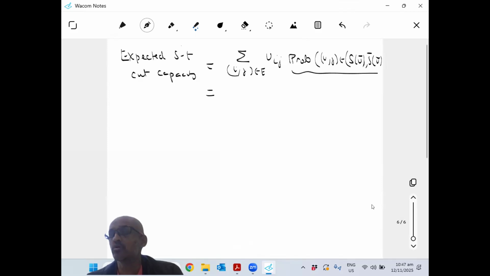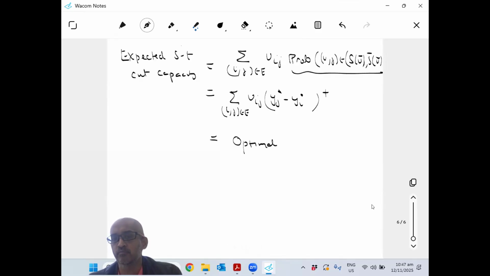But we just found this. It's exactly Yj star minus Yi star, plus positive part. But now we are almost done because this is exactly the optimal value of the dual. Okay? Because this is exactly what the dual was.